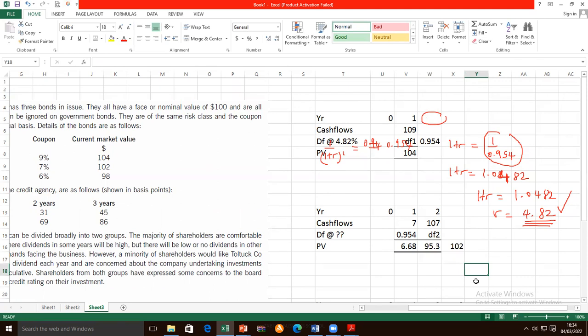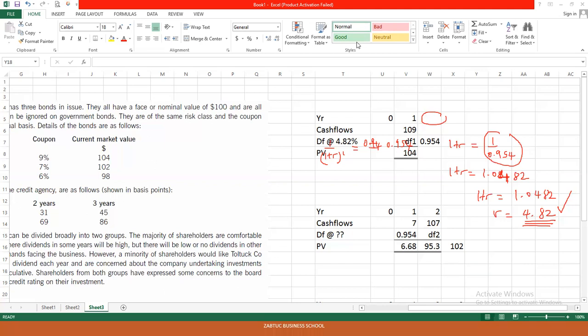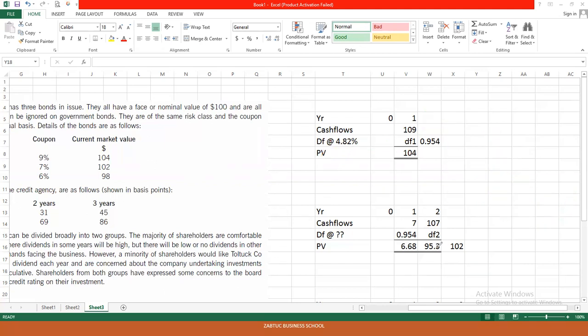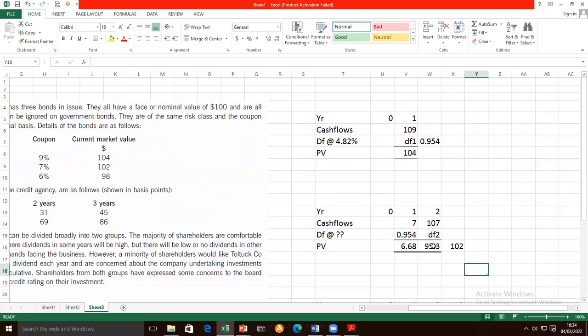No, I found 100.32. Oh, I need to correct my answer. I got the wrong one. Okay, but have you seen how I'm doing it using the spreadsheet? Using the spreadsheet is much easier because remember what I did. I just got a balancing figure. This was not there.